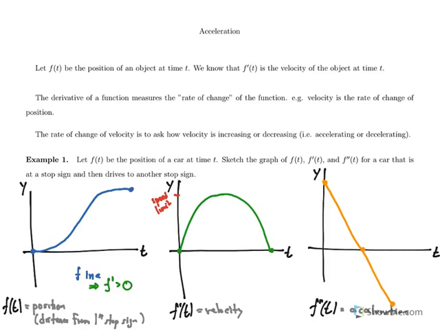We can see that the derivative goes from increasing to decreasing, which means that our second derivative goes from greater than 0 to less than 0.